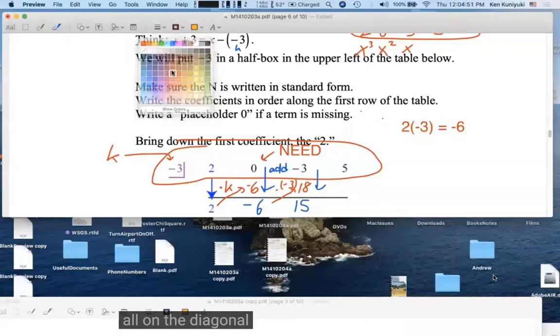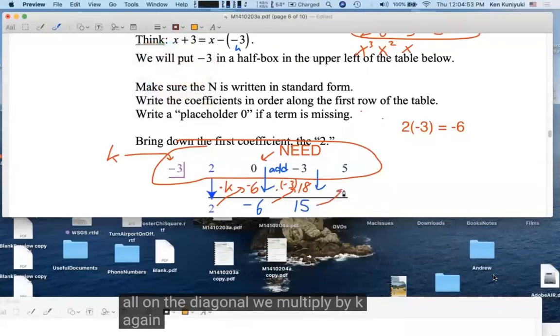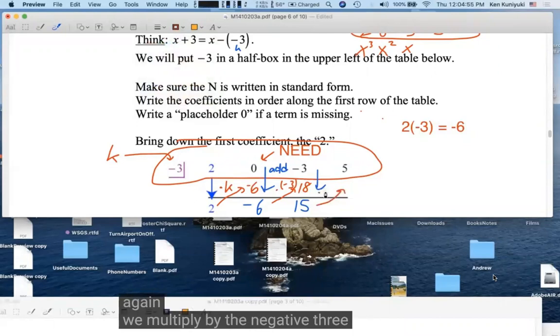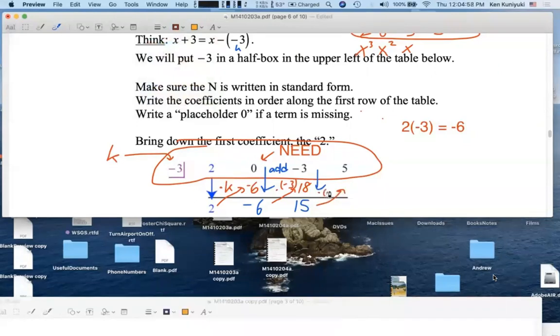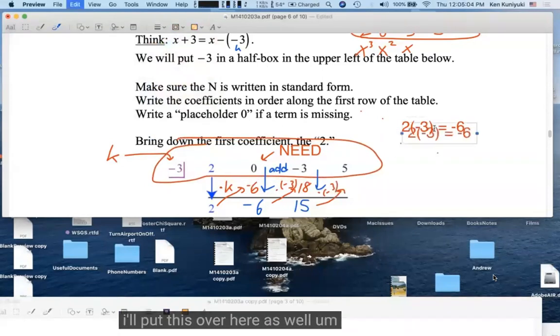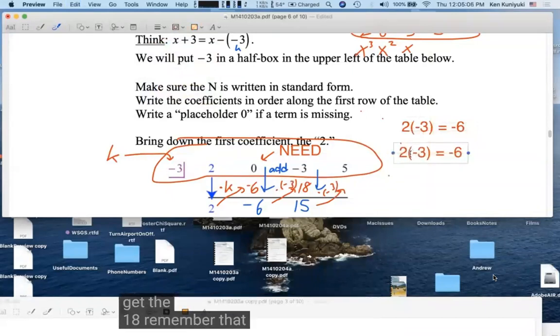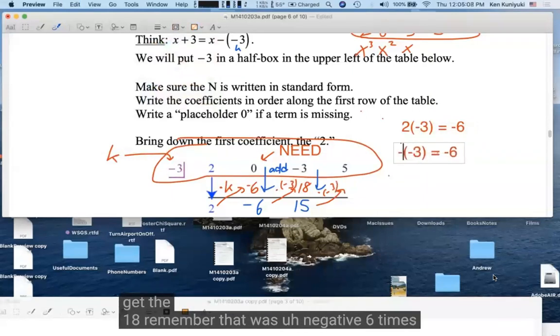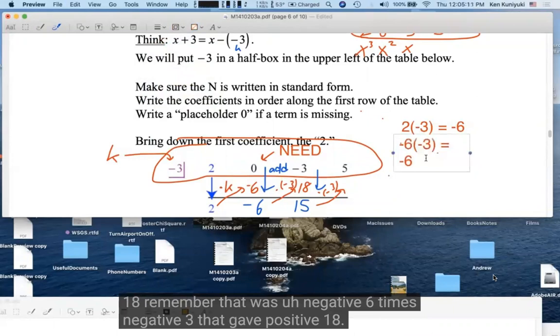Along the diagonal, we multiply by k again. We multiply by the negative 3. I'll put this over here as well. To get the 18, remember that was negative 6 times negative 3, that gave positive 18.